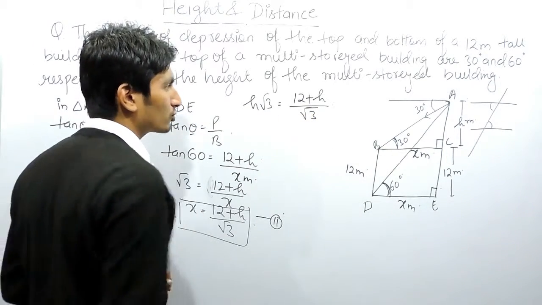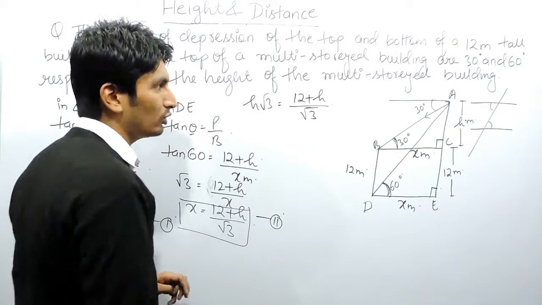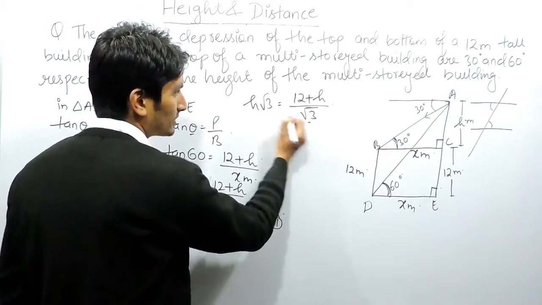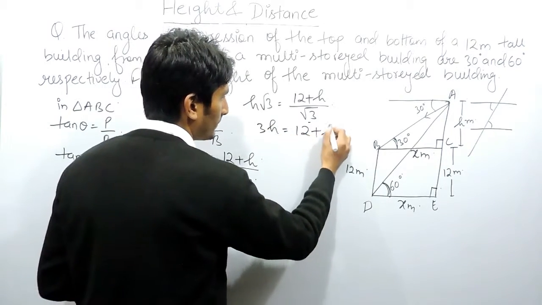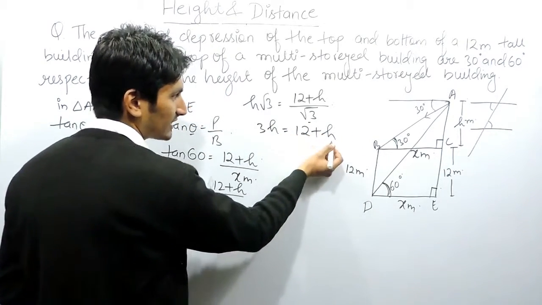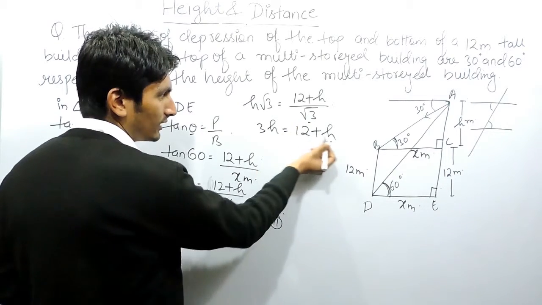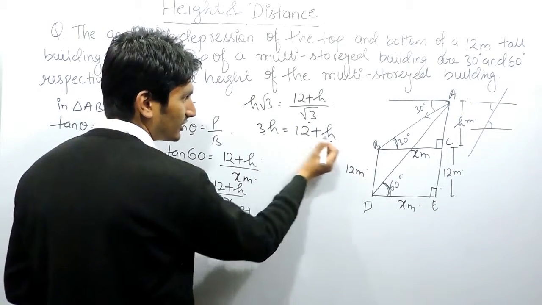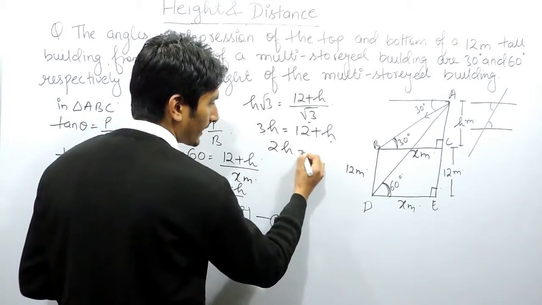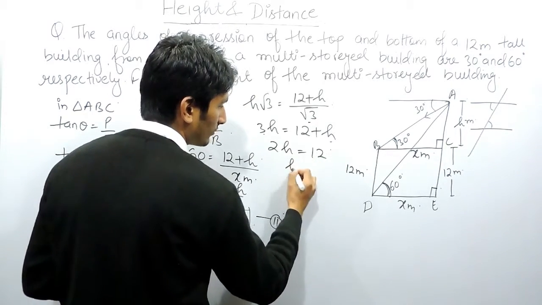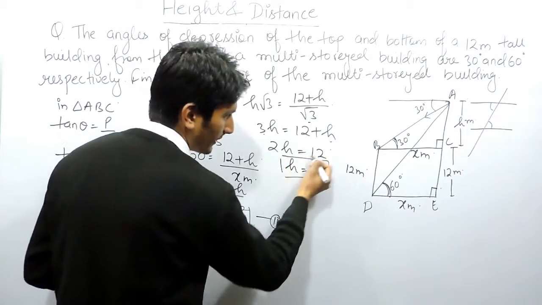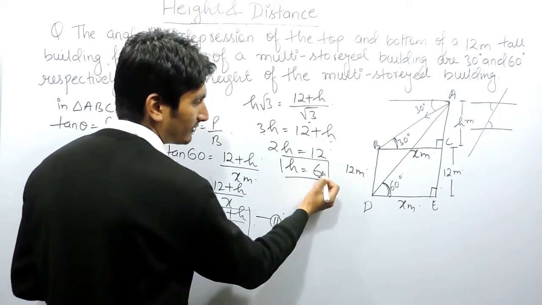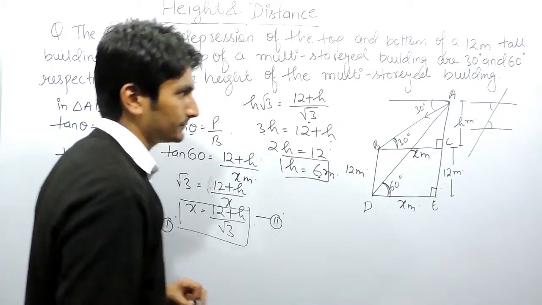Cross multiplying, root 3 times root 3 gives 3h, equal to 12 plus h. If I shift this h to this side, the positive becomes negative, and 3h minus h is 2h, which is equal to 12. So the value of h is 6 meters.